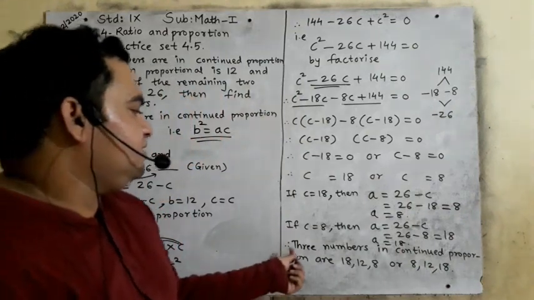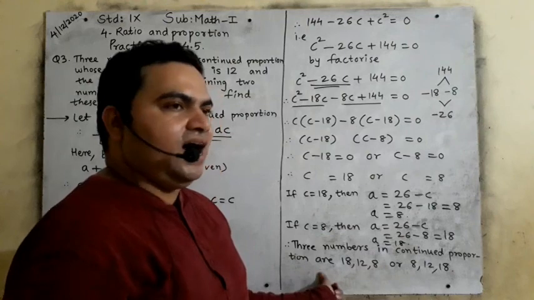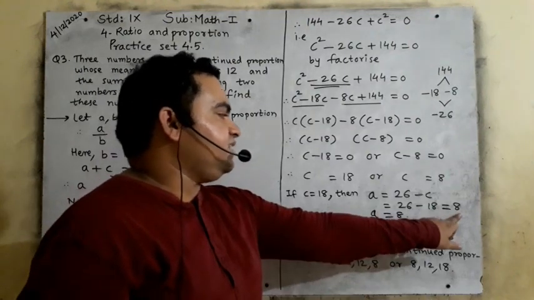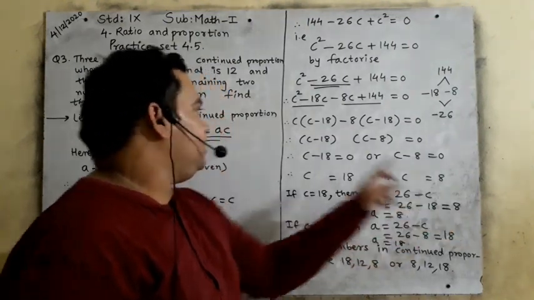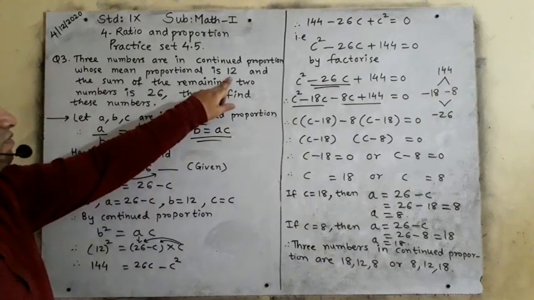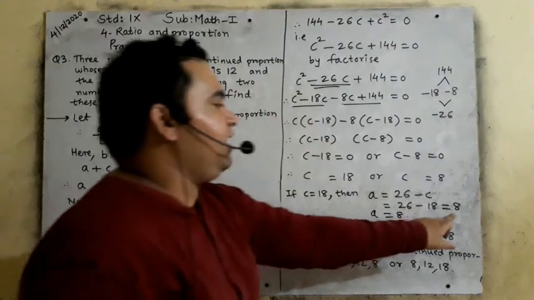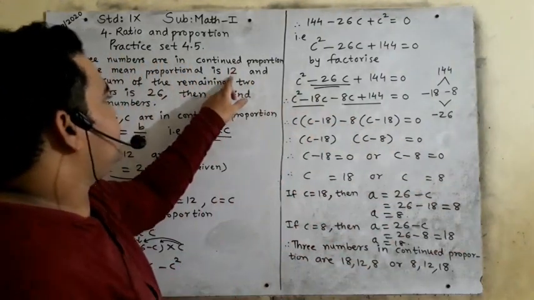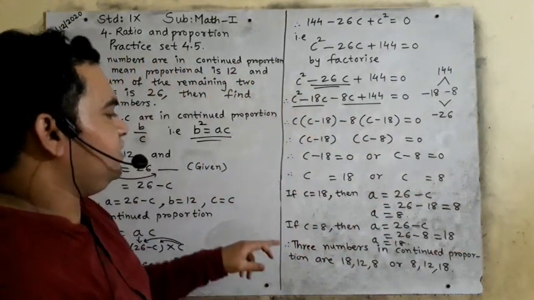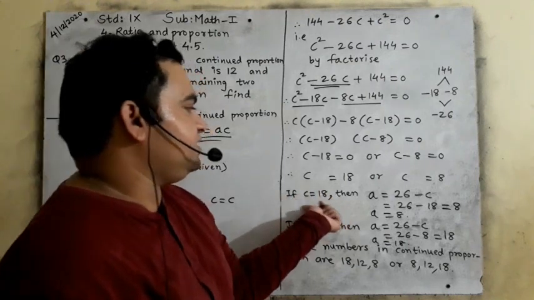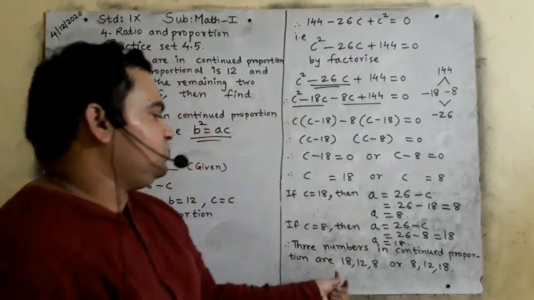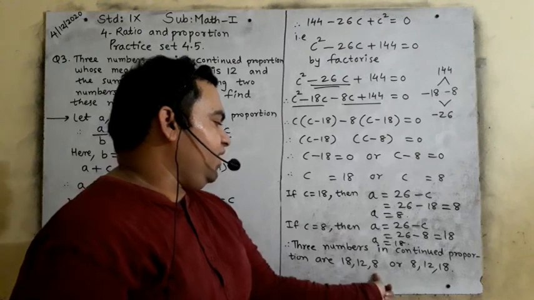So we will write the three numbers in continued proportion are, if you consider this is A, so 8, B is already given 12, that is the geometric mean proportion, that is B. So A value is 8, B value is 12, and C value is here 18. If you are considering C is equal to 18, so 8, 12, 18, or 18, 12, 8.